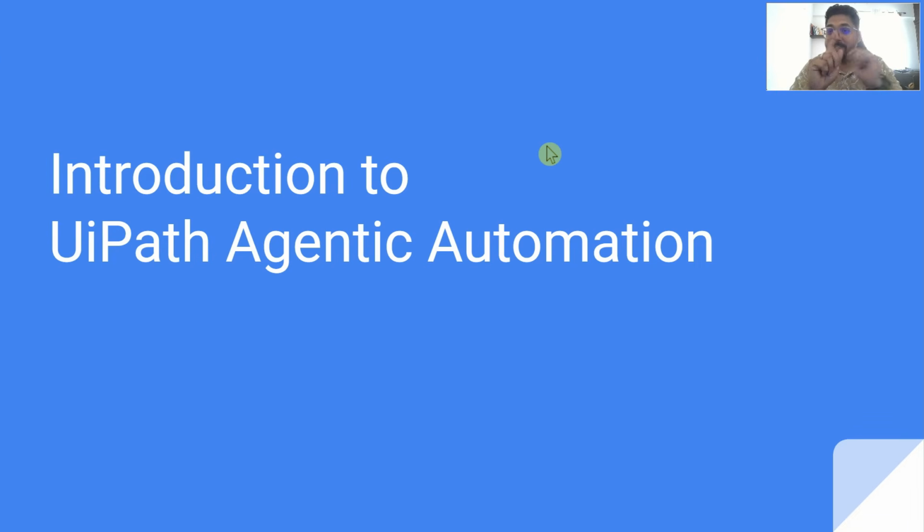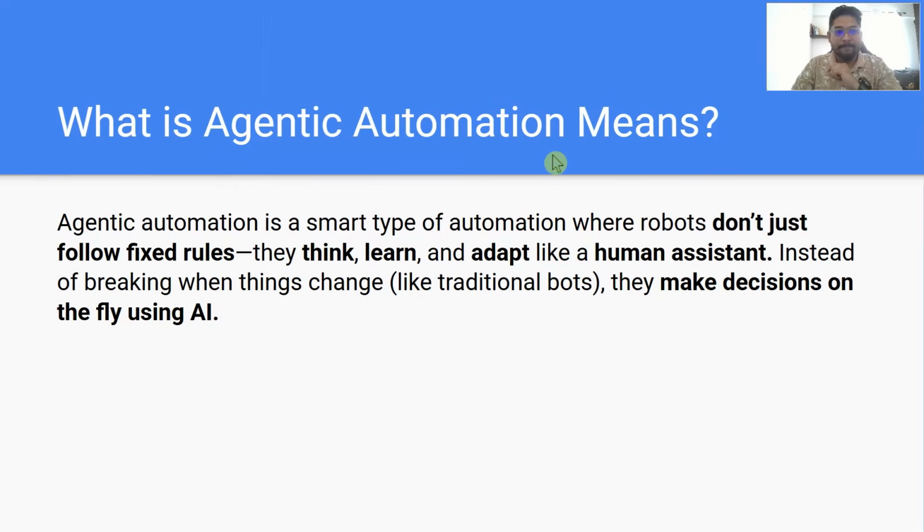Now, the very first thing we have to learn: what is agentic automation? Agentic automation is a smart type of automation where robots don't just follow fixed rules.